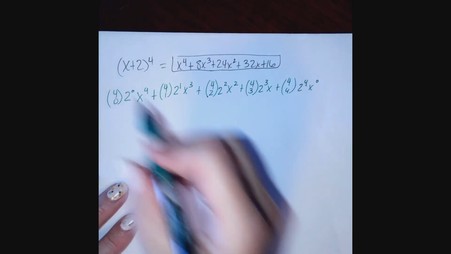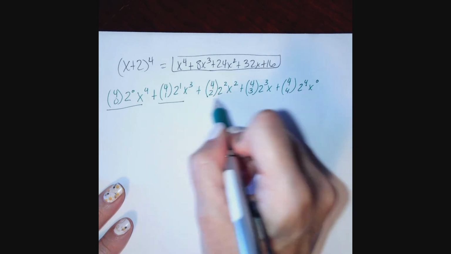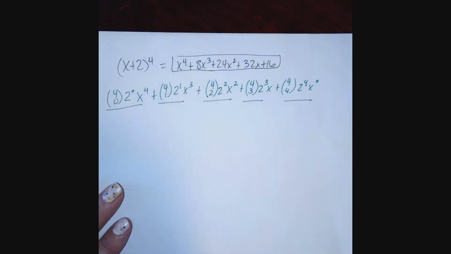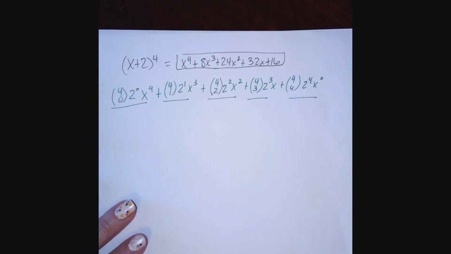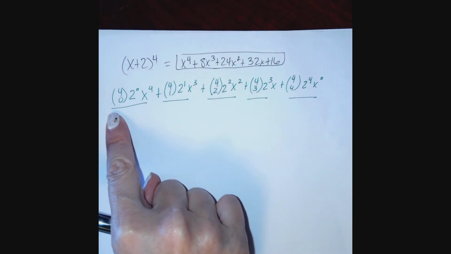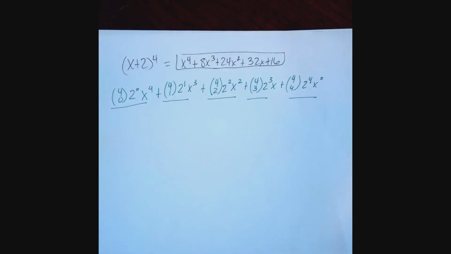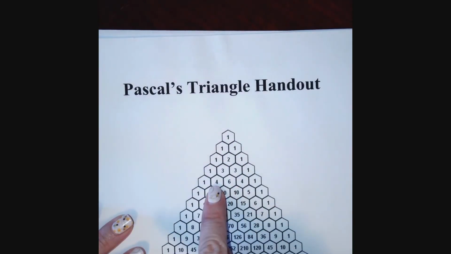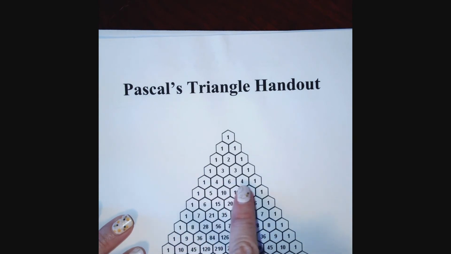So those are the 5 terms, 1, 2, 3, 4, 5, in your binomial expansion. Now this binomial coefficient is going to relate to the n equals 4 row of your Pascal's triangle. If I look at n equals 4, I see that my binomial coefficients will be 1, 4, 6, 4, 1.